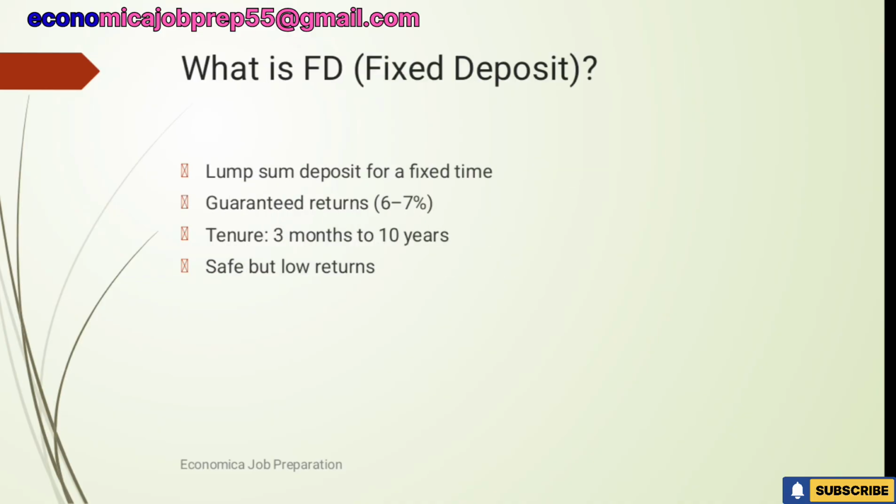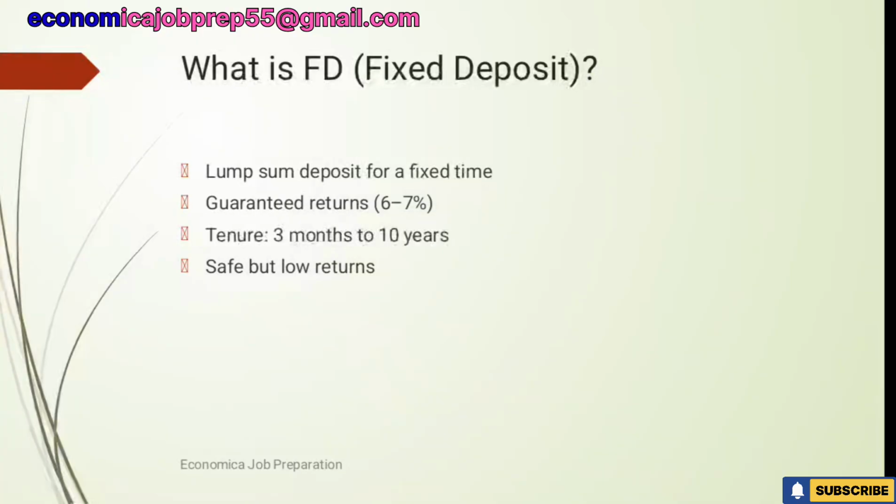Now, the next part is what is FD. That means fixed deposit. You deposit a lump sum for a fixed time, say 50,000 for 5 years. Banks give a fixed interest around 6 to 7%, or some banks give you 7.5% also. Safe, guaranteed, and no risks.